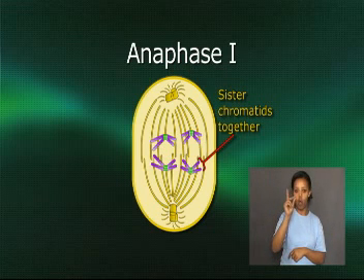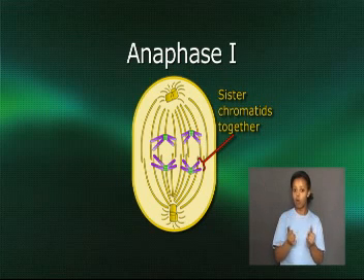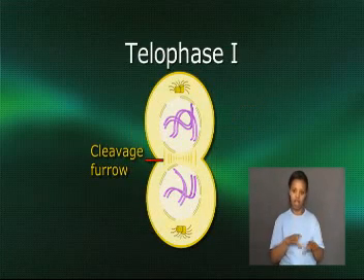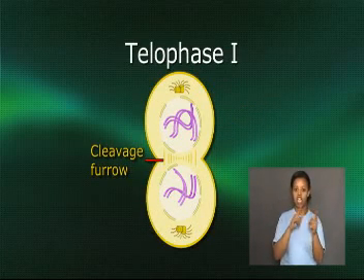Each chromosome still contains a pair of sister chromatids, and prepare to divide down the middle. The last stage is called telophase 1.